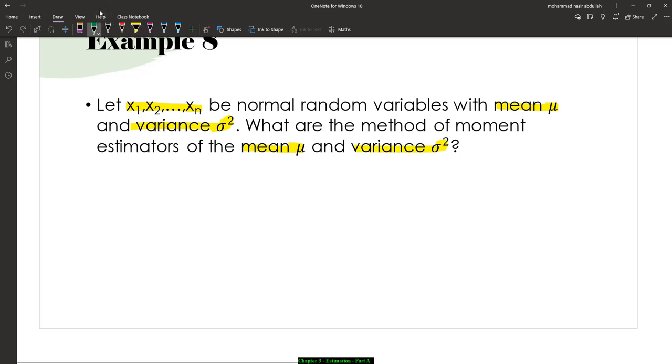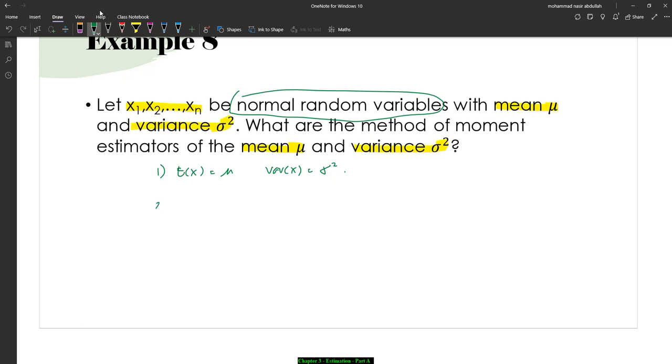We know from prior knowledge that expected of x is equal to mu and variance of x is equal to sigma squared, for a normal random variable.